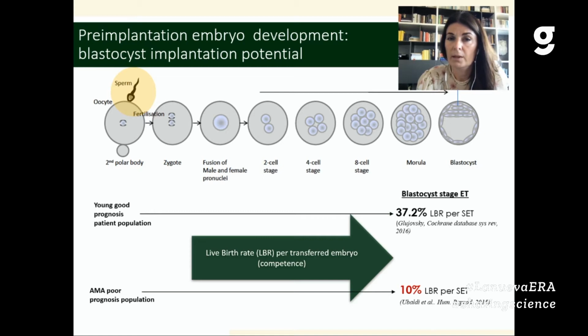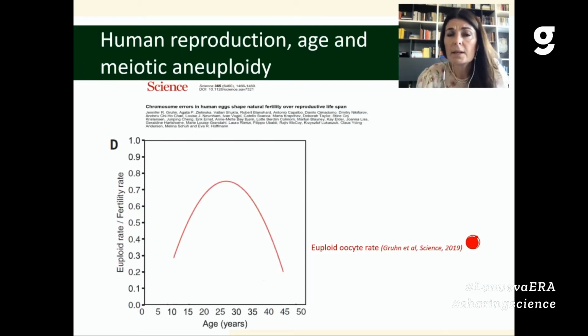And this is due to the impact of chromosomes. Because what is the difference between a beautiful blastocyst from a young patient population as compared to the advanced maternal age population? The difference is the euploidy potential. And it is clear, no debate on that, euploidy is strongly related to maternal age.